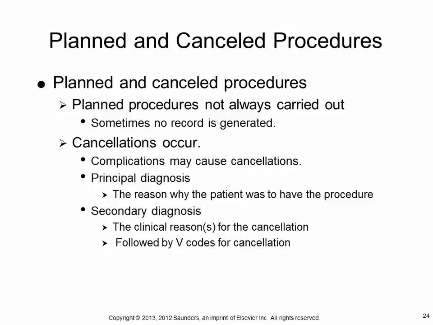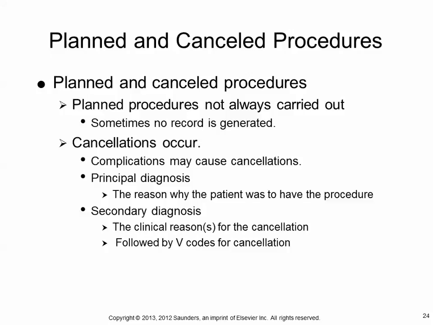The third V code is V64.3, procedure not carried out for other reasons. So those other reasons are things like perhaps the pipes froze in the OR, in 2 of the ORs, and they've had to cancel all elective procedures because they need to do the procedures that are not elective, and they've lost 2 ORs.